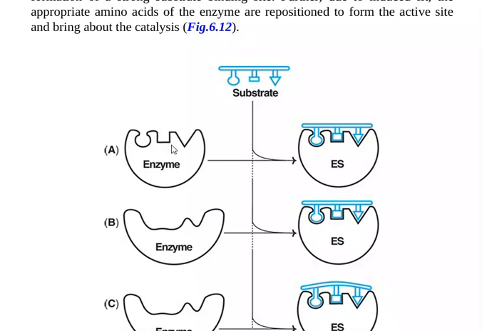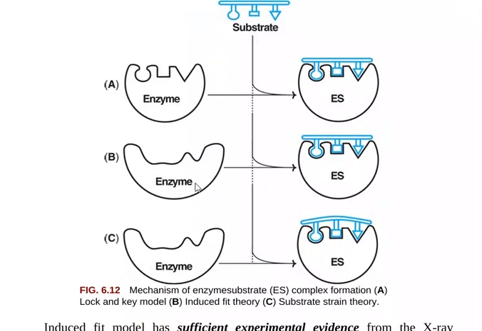In this way the substrate can bind with the enzyme and they will produce the ES complex. In figure B, this is an enzyme and this is the substrate, but the substrate is the same, the enzyme structurally changes, it has conformational changes to form this enzyme substrate complex. So it can fit here also.